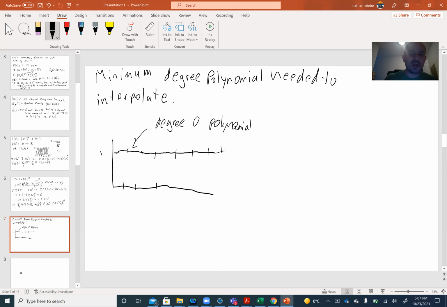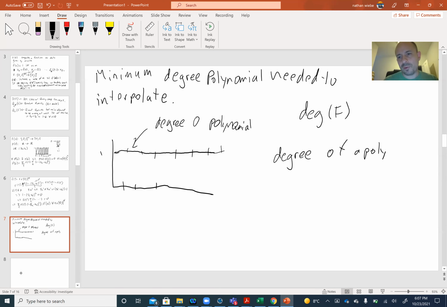And so we'll denote the minimum degree polynomial that we need to implement a particular function with 0 error as degree f. And just to give you an idea, the degree of a polynomial is basically the exact same kind of degree that we would see otherwise.